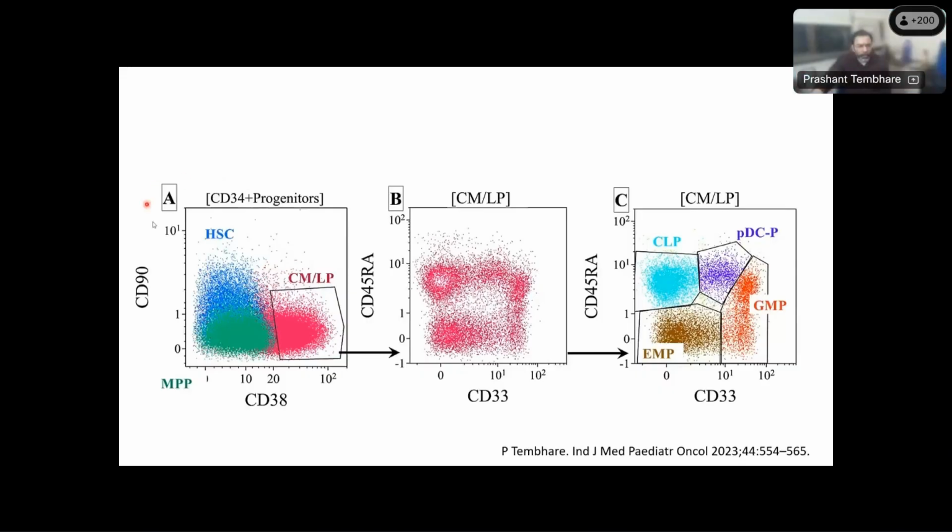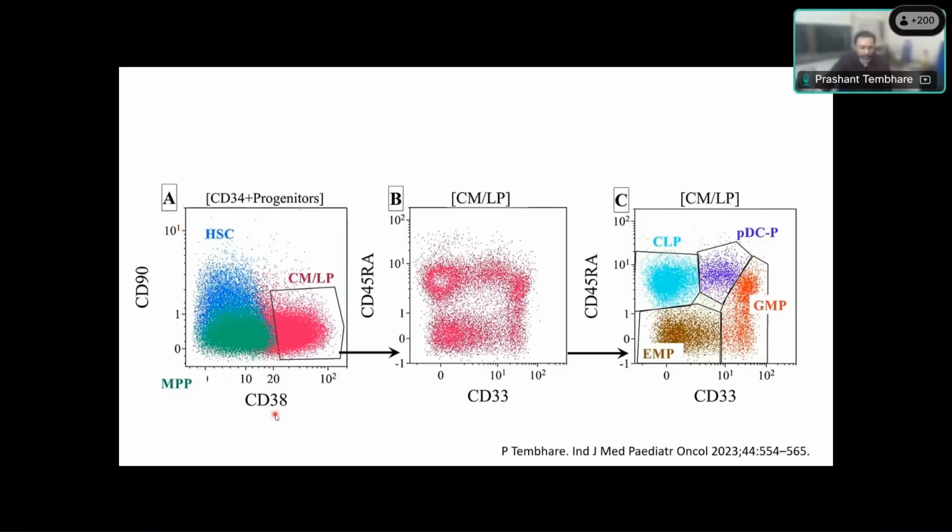Now here, if you look at this dot plot, you can see there is a scale. There is a y-axis scale and there is the x-axis. Now this scale starts with 0 and it moves on a logarithmic basis towards 10⁻², 10⁻³, 10⁻⁴. So the dots which are close to 0 are considered negative for the antigen labeled on this scale.